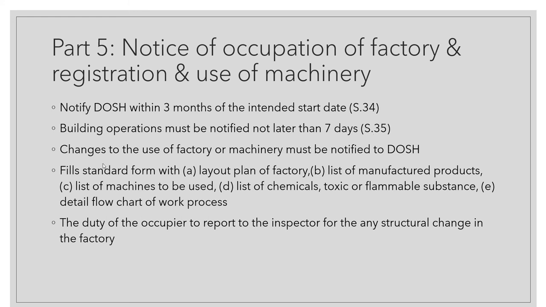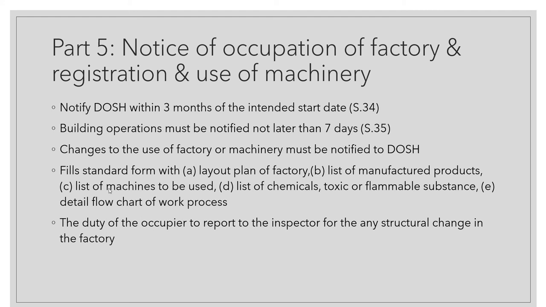Okay, and the changes to the use of factory or machinery must be notified to DOSH. Dia tak boleh sewenang-wenangnya kita menggunakan mesin tanpa kebenaran daripada pihak DOSH, sebab setiap mesin memerlukan lesen dan juga permit yang dikeluarkan daripada DOSH certificate.